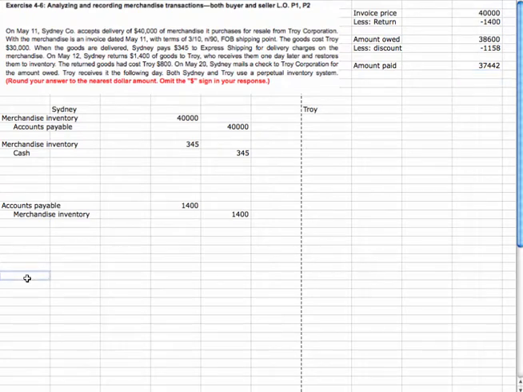So what happens here is that Sydney is going to pay out $37,442. If we pay within the discount period, Sydney is going to reduce their accounts payable by the amount that was owed, and the amount that was owed was $38,600.